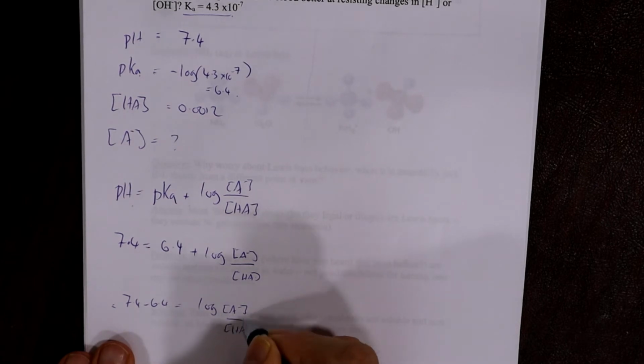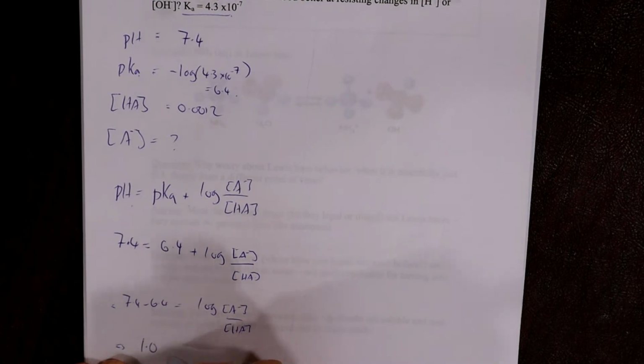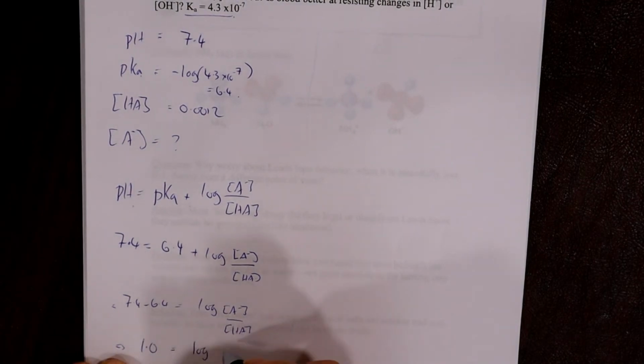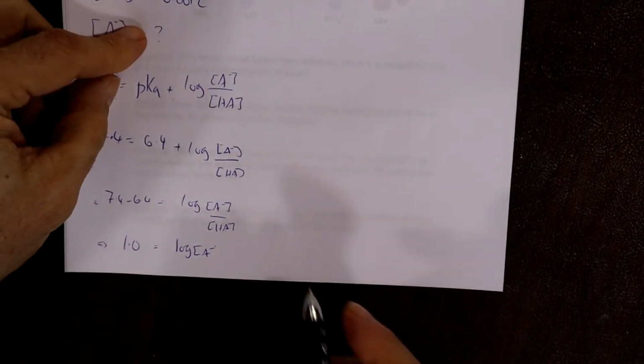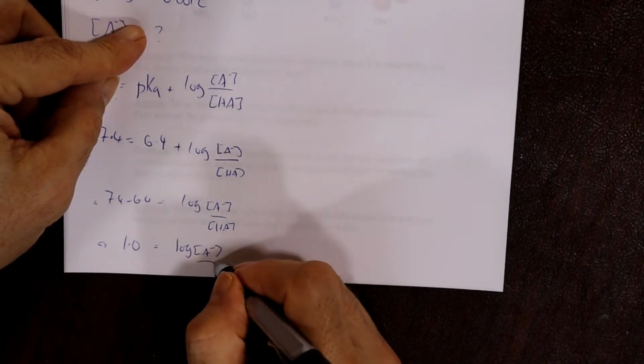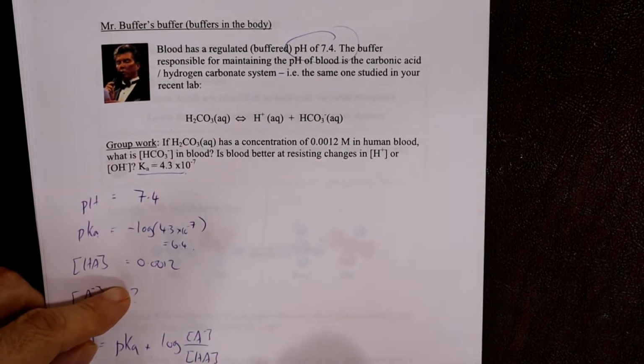You'll see why I didn't address this yet in a moment. So 1.0 equals log of A minus over HA.